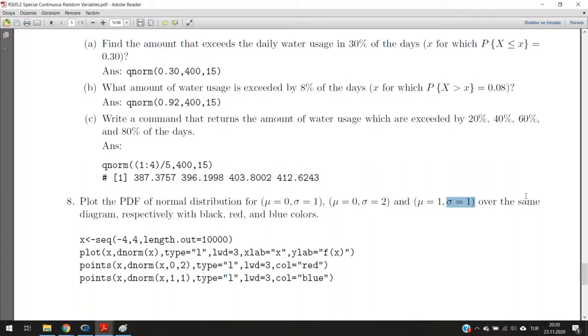And we are going to plot each probability density function with respectively black, red, and blue colors again. So by plotting the first plot diagram, the density function, and the second density function, we will see the effect of the standard deviation, how the standard deviation value changes the probability density function.